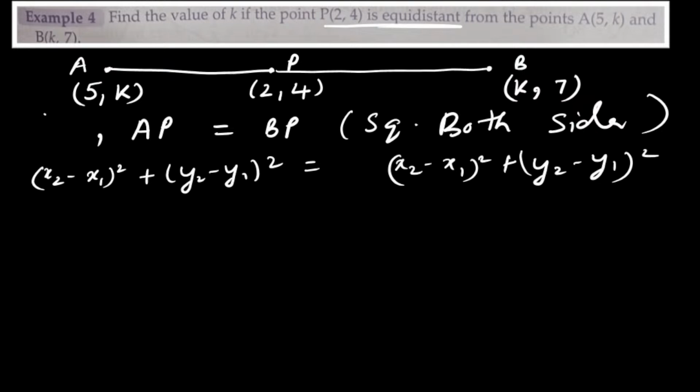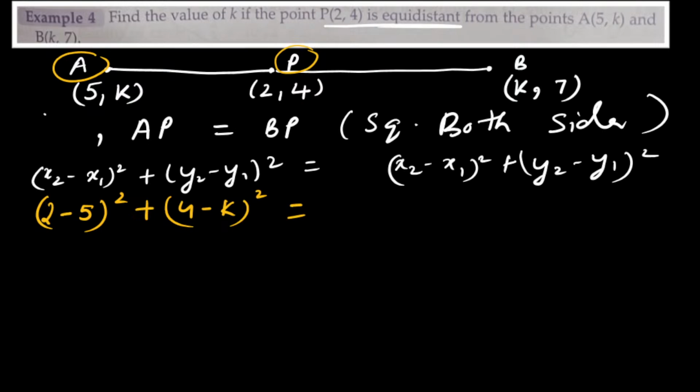For distance AP, we have to consider the coordinates of A and P. So x2 is 2: 2 minus 5 whole square plus y2 is 4, y1 is k: 4 minus k whole square.